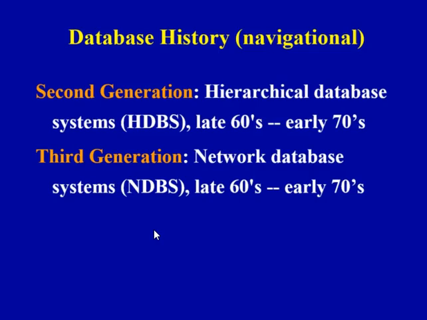So now the navigational era is the idea of designing some type of structures in which we store the data, and they were using mainly pointers to follow the design of that structure. For example, in the hierarchical, they were using more like a tree model, with the idea that most business applications have a hierarchy.